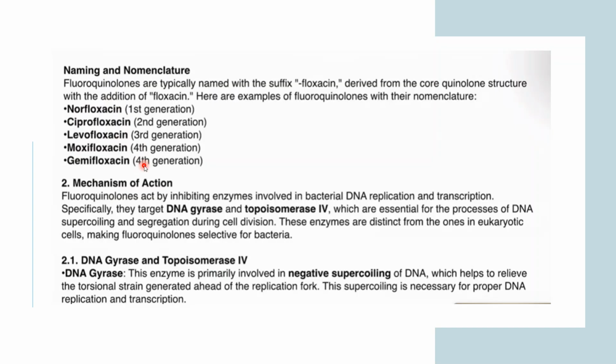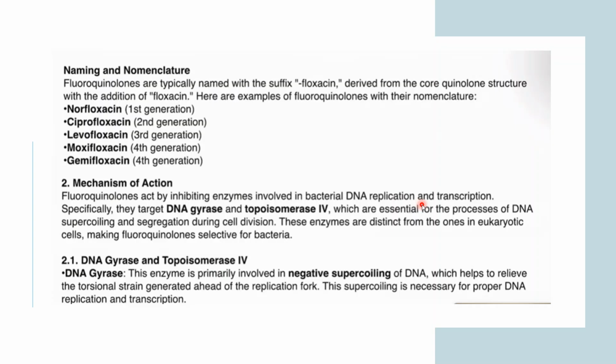And the mechanism of action is that they act by inhibiting enzymes involved in bacterial DNA replication and transcription. So it doesn't allow bacterial DNA replication and transcription to happen.